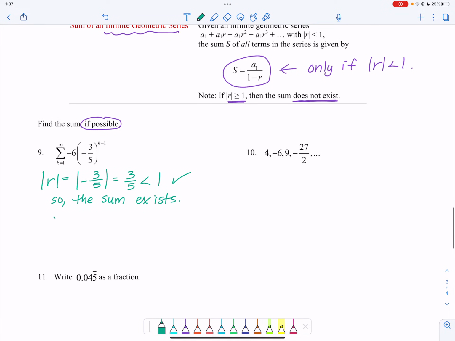So the sum is a sub 1 over 1 minus r. Our first term is negative 6, over 1 minus negative 3/5, which is 1 plus 3/5 because it's 1 minus a negative 3/5. You'll come up with a negative 15/4. So that is the sum of that infinite series.